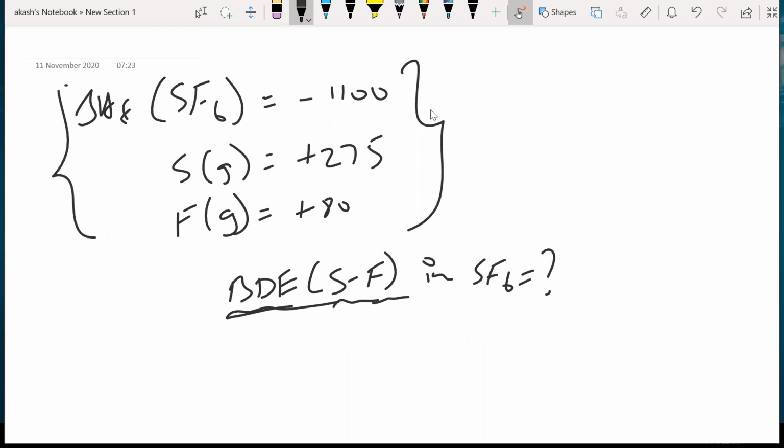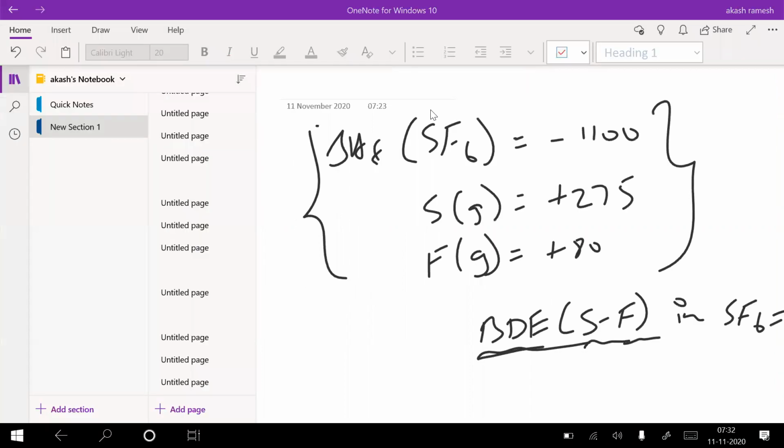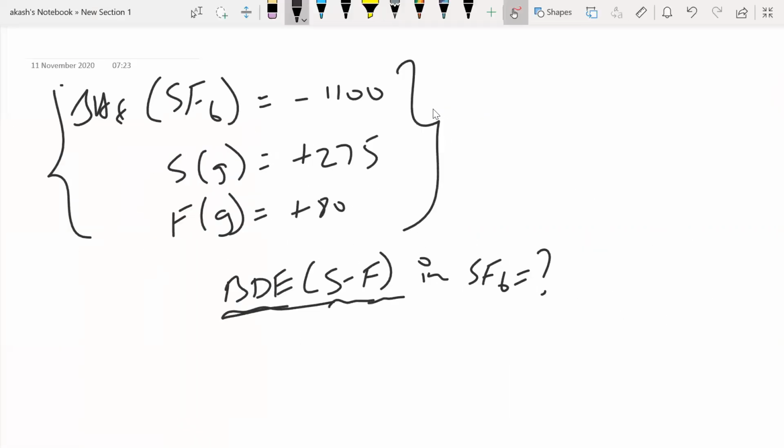Cool. So now let me ask, maybe, Mithun, are you there? Kanna, sir, can you tell me, if I write bond enthalpy, how will you write the bond enthalpy reaction for SF6? One minute, sir. I hope you understood my question.